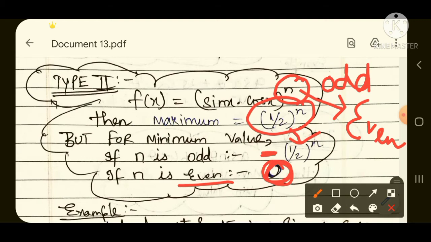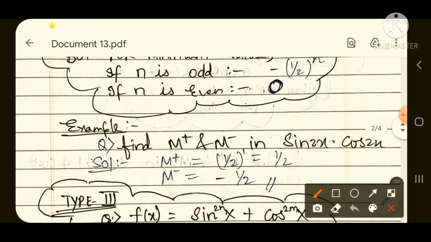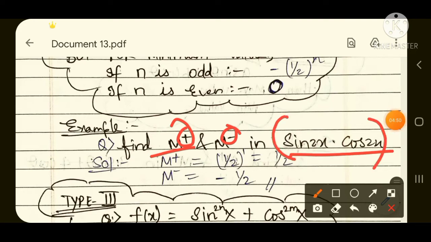For better understanding I would take one example, right in front of your screen. Find the maximum, M plus, and the minimum, M minus, in sin 2x into cos 2x. See, if nothing is in the power, then 1 is in the power. So what will be the maximum value? Half to the power n.